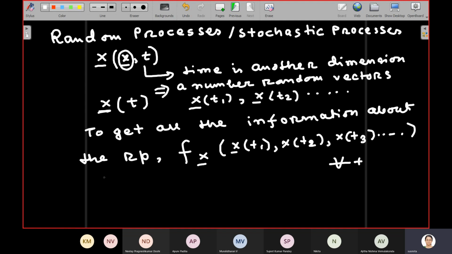So finding the joint PDF of the random process is practically impossible.